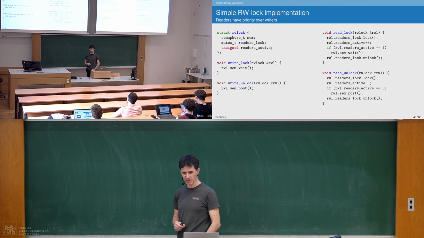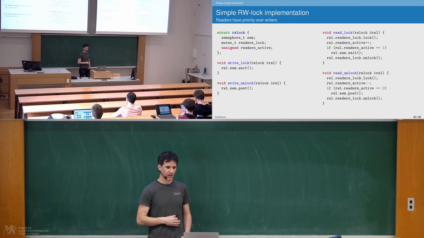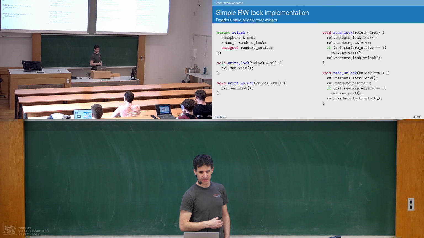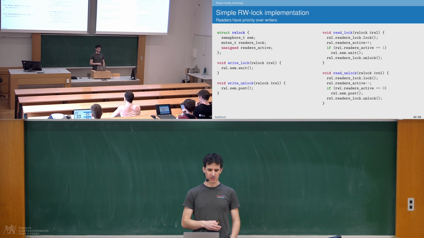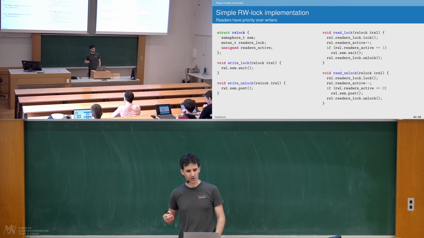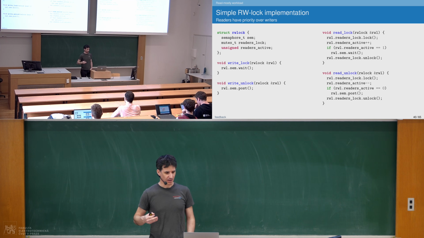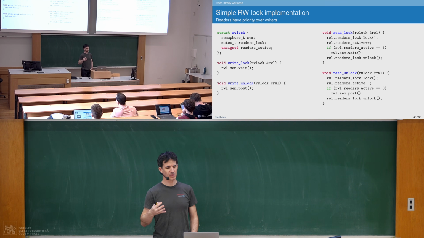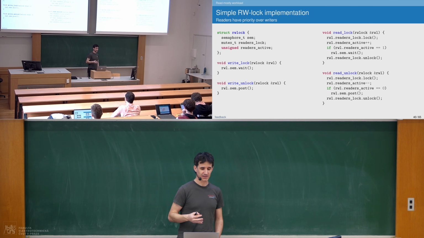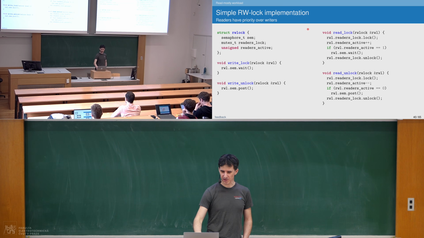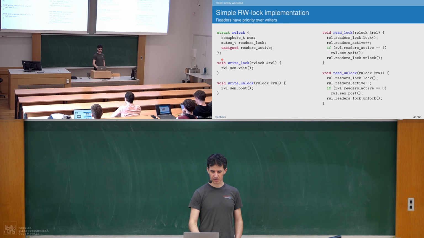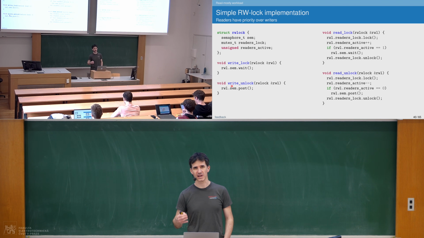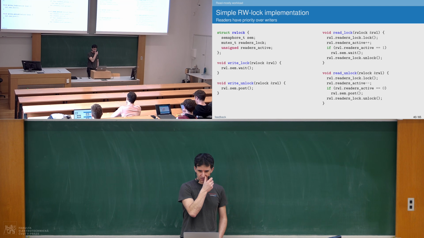If you don't believe me, I am showing here a possible implementation of a read-write lock. This is a simple implementation. The real implementations are a bit more efficient, but there is always an atomic instruction in every operation: read lock, read unlock, write lock, write unlock.